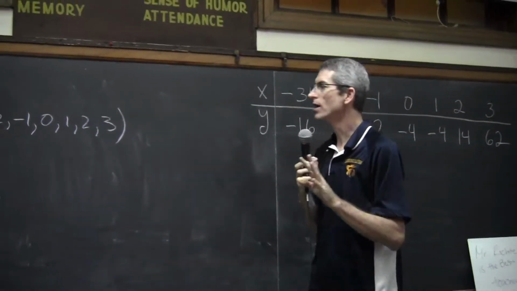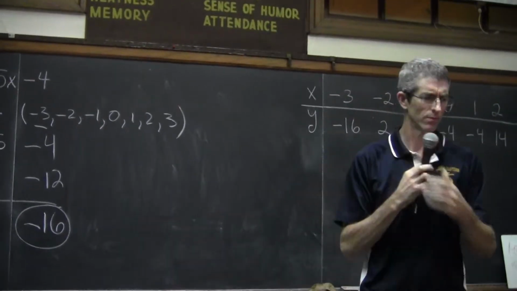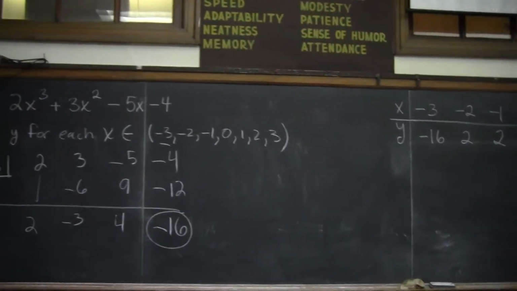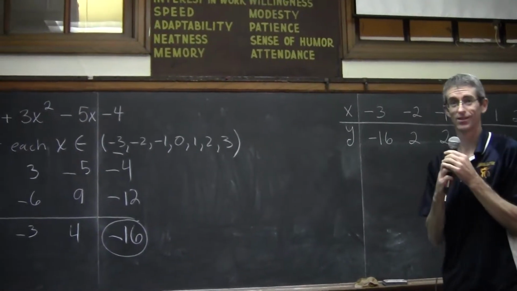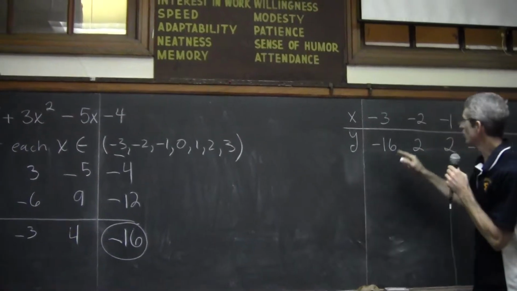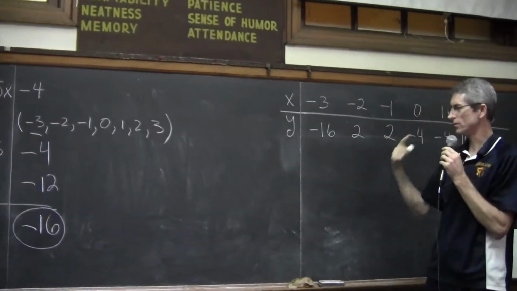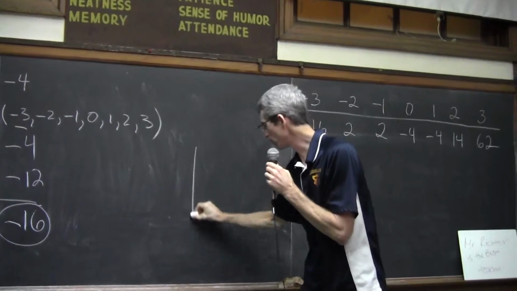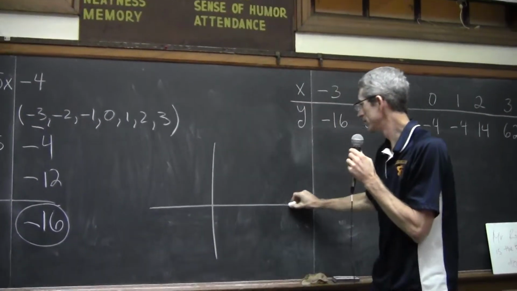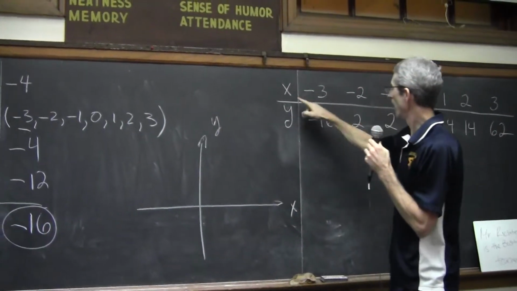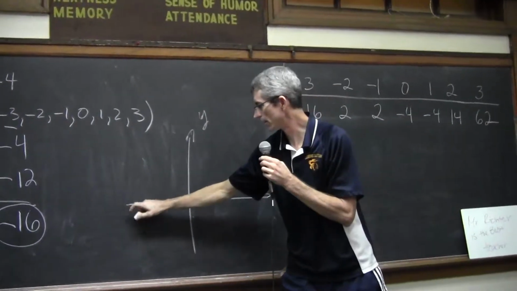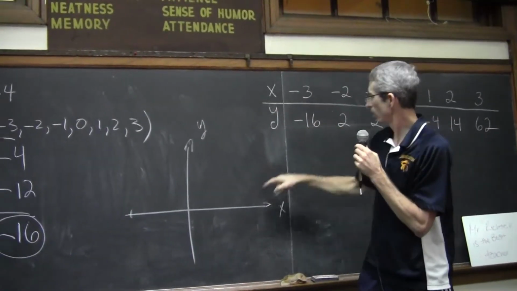Now, part 2, let's see, what's the problem say? How many times does it cross the x-axis? All right, so we have to think about this and visualize it. I'm going to draw a rough sketch to help with this. When x is negative 3, way over here, y is way down here.